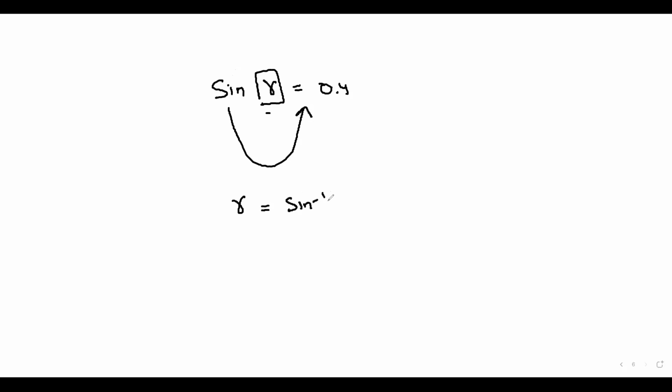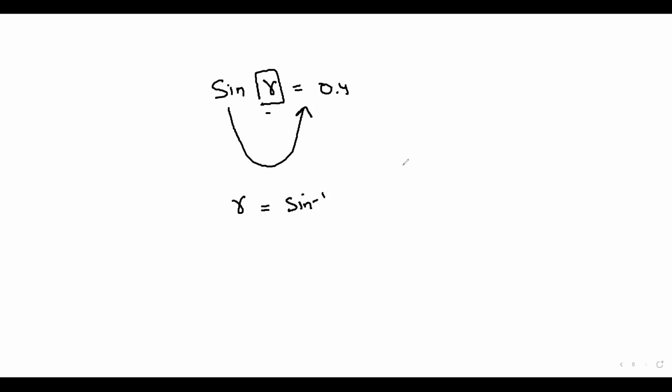So this is a mathematical way of solving it. When we have sine r, the sine r is 0.4, and we are finding r only. We need r, so sine will move to the other side. Always remember, when sine moves to the other side, we write that as sine inverse. And how do we write sine inverse on the scientific calculator?